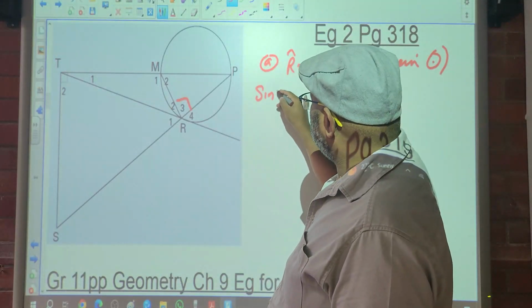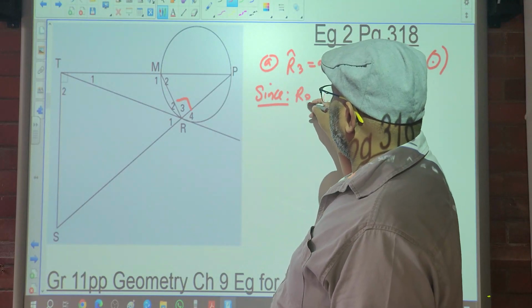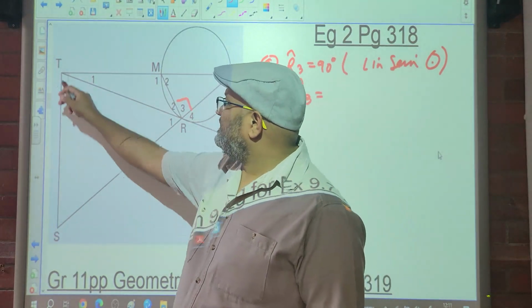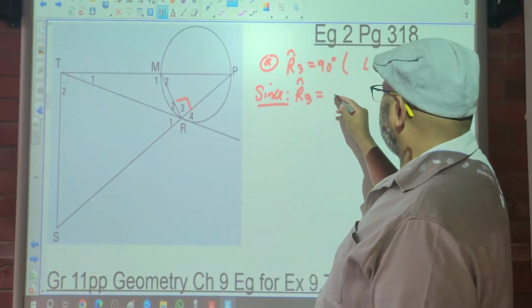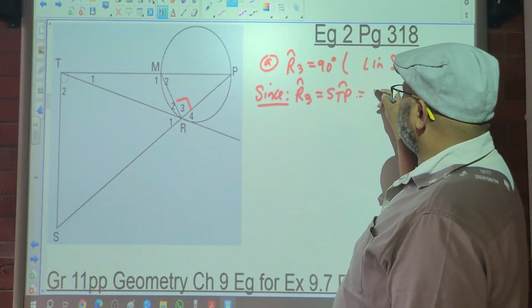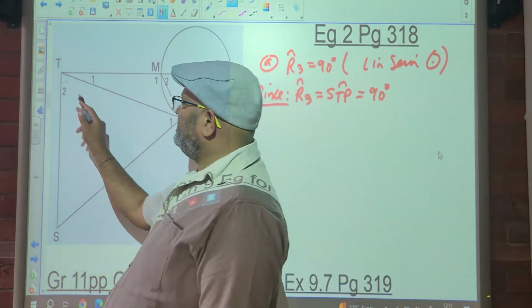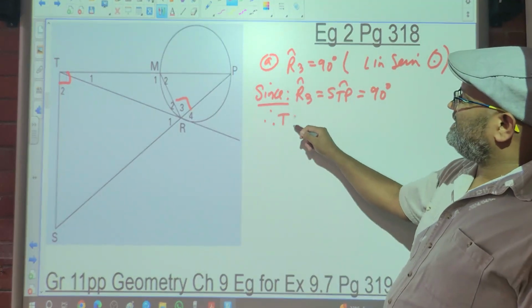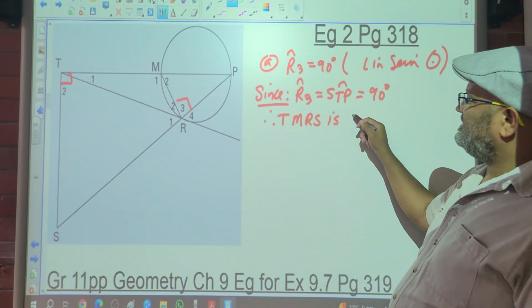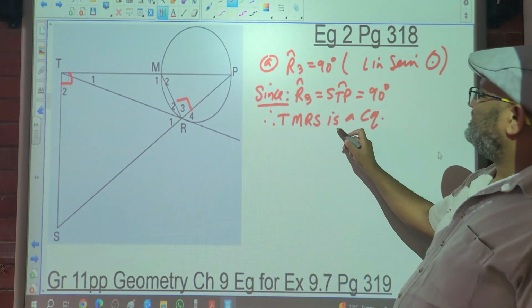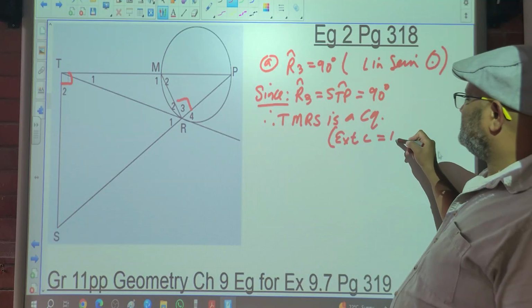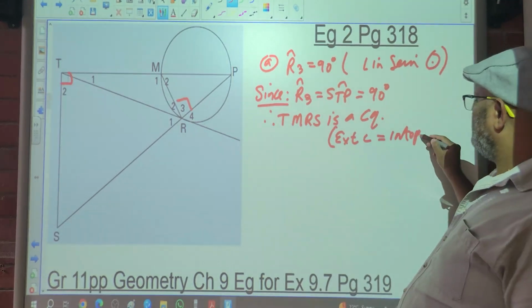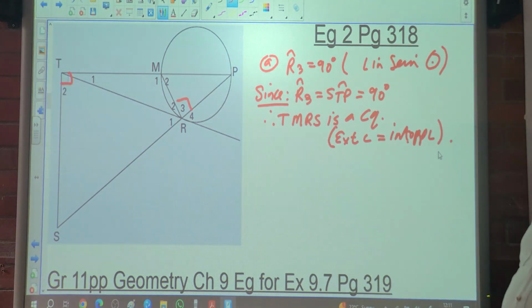We say since R3 is equal to STP, which is equal to 90, therefore TMRS is a cyclic quad. Why? Because of the exterior angle equals the interior opposite angle. Don't say cyclic quad. No? Exterior angle is equal to the interior opposite. Okay.